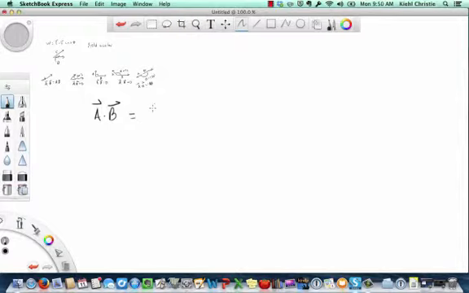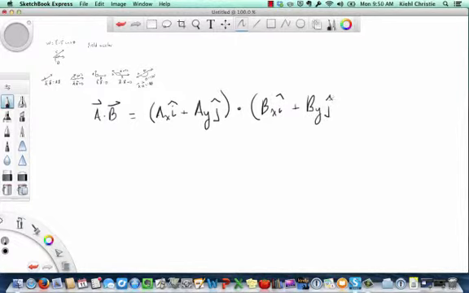So if we take A and B and we expand this product out into the components, it's going to look like this. AX, which is the x component of A in the I direction, plus AY, which is the y component of A in the j direction, multiplied by B's components, so BXI plus BYJ.